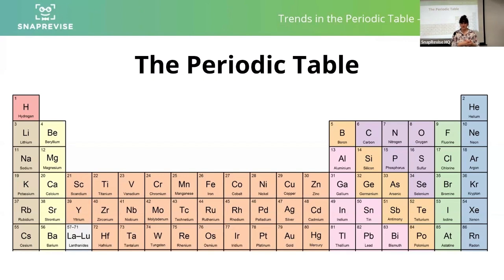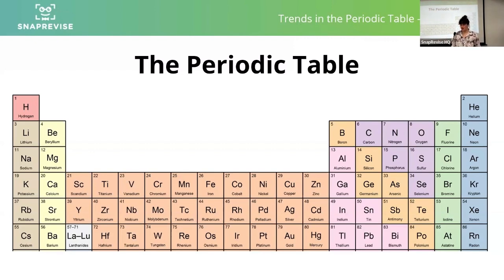Electronegativity, you can link to the periodic table. Size, you can link to the periodic table. Our transition metals can be heavily linked to the periodic table as well. Electron structures, you can use the periodic table. There's loads, and there will be more; I've just forgotten them immediately off the top of my head. So there's loads you can do that uses the periodic table to help with revision.